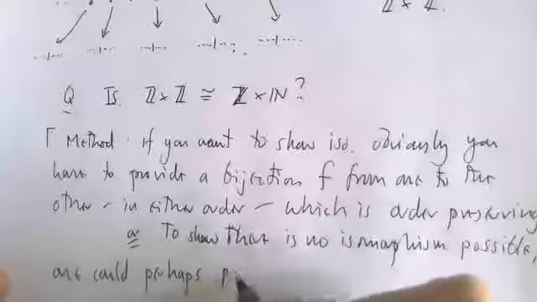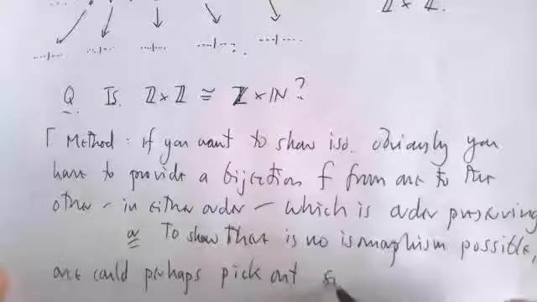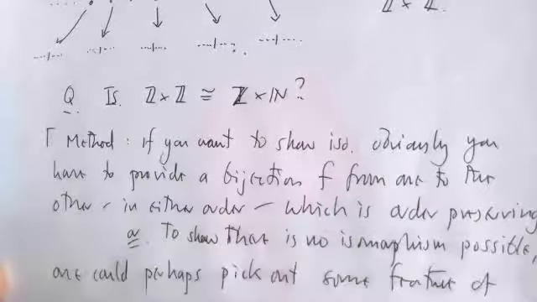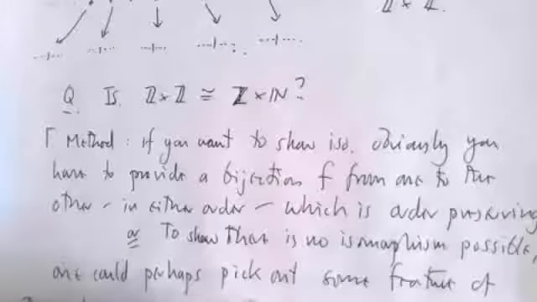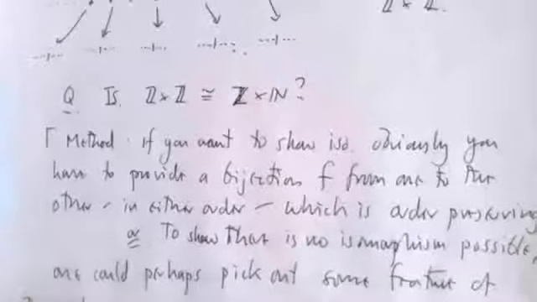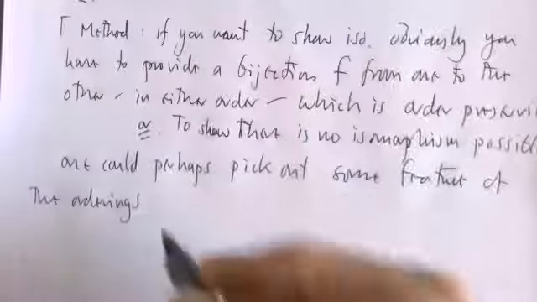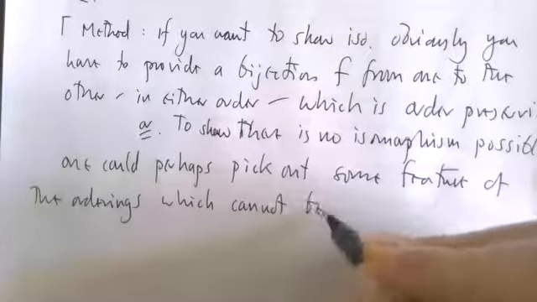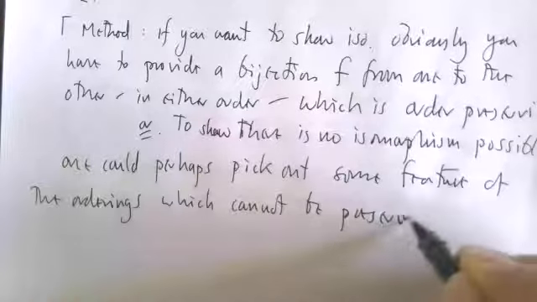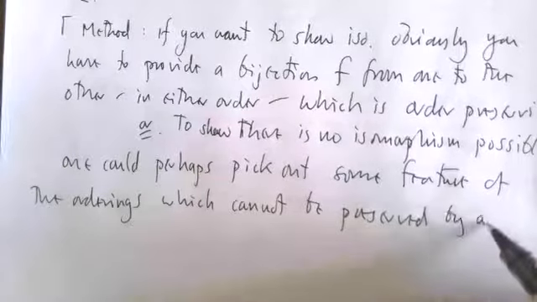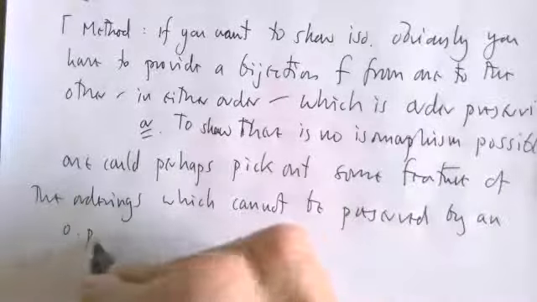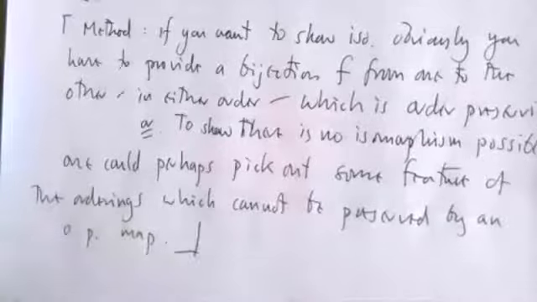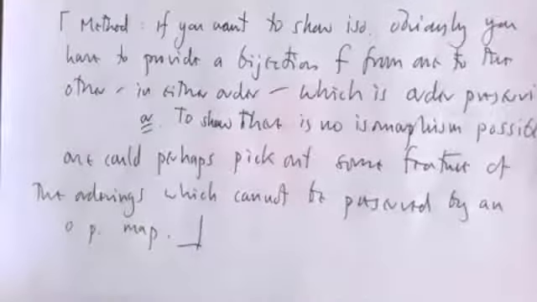So one could perhaps pick out some feature of the orderings which cannot be preserved by an order preserving map. I mean, that's just really to restate the question, right?